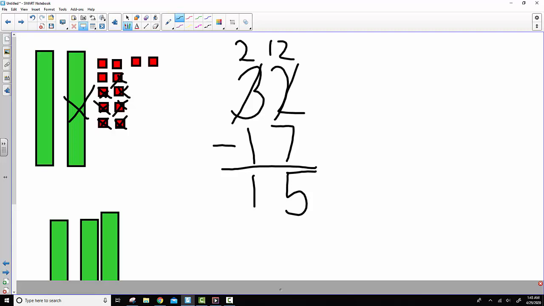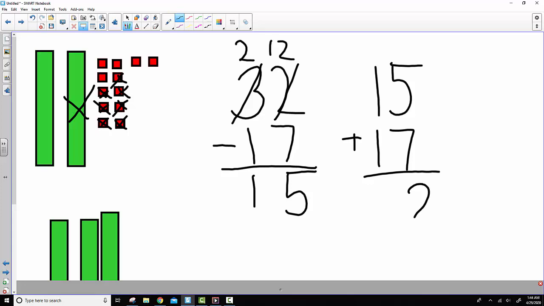The difference is 15. We always check our subtraction with addition. So we use the difference, 15, add it to the subtrahend, 17, and we should have the minuend. 5 plus 7 is 12.